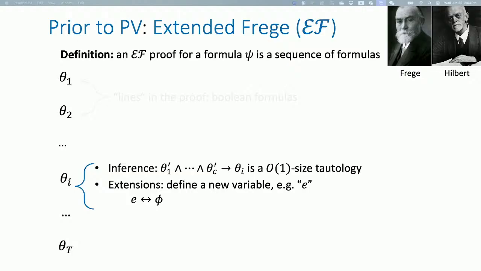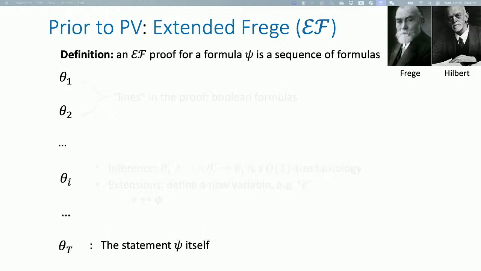So theta i says the value of e equals some Boolean formula phi, and this phi needs to be a Boolean formula of all of the existing variables that you have already introduced. Finally, the last line of the proof needs to be the formula you want to prove, so the last line of the proof needs to be psi itself.